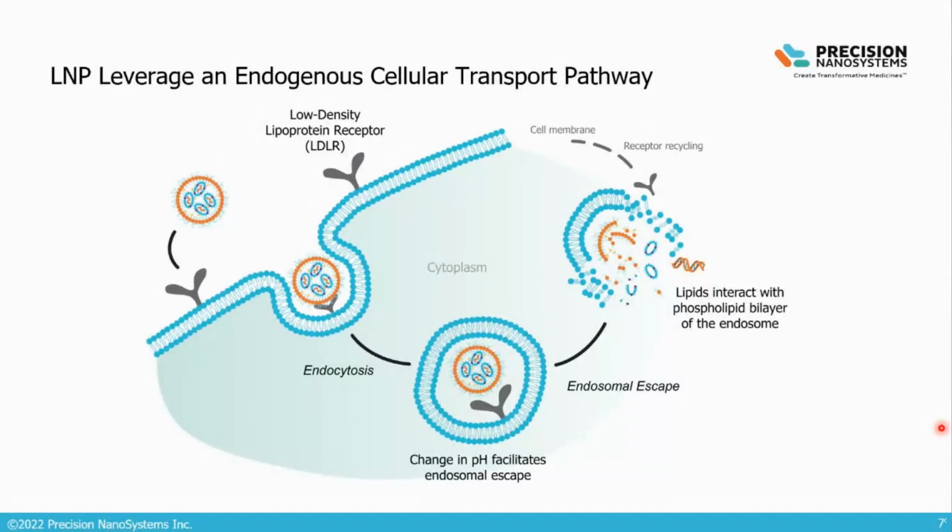Once endocytosed, the change in pH facilitates endosomal escape, where the lipids interact with the endosome, leading to the release of the nucleic acid into the cytoplasm. This is thought to be a gentle way to introduce genetic materials into a cell. And indeed, you would see data from Rika that we do see very high cell viability after RNA LNP treatment that is maintained even after sequential genetic manipulation.